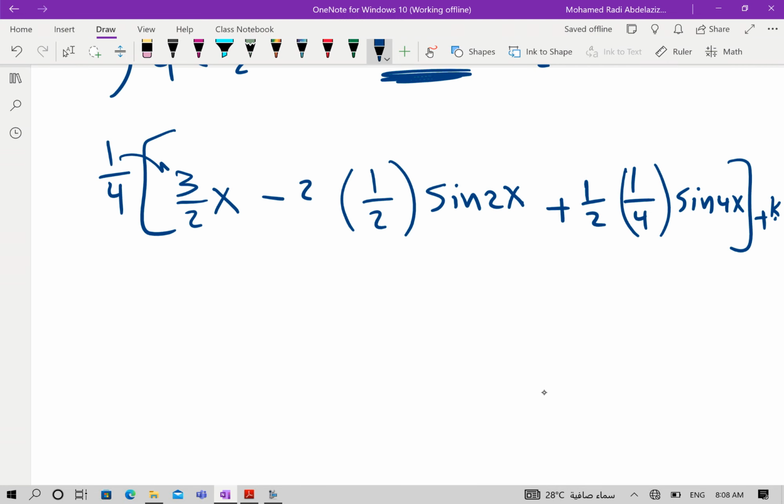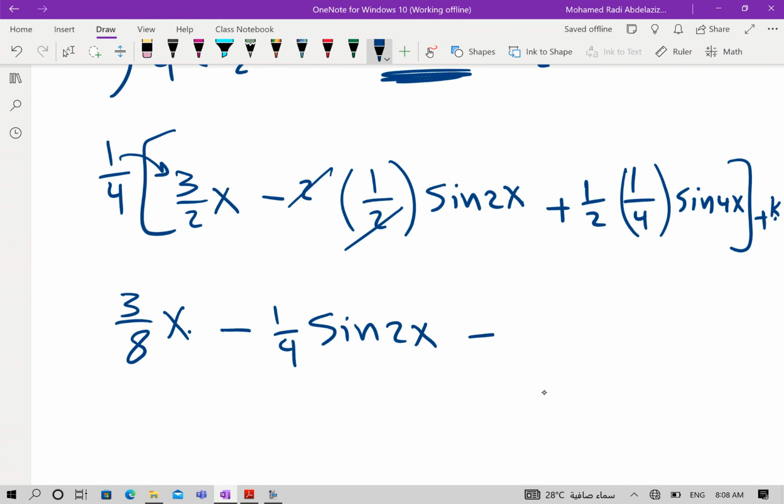Simplify. Fourth times 3 over 2, 3 over 8x. Then you can simplify 2 times fourth, which is half, sine 2x. Then 1 over 2 times 1 over 4, 1 over 8, will be 1 over 32 sine 4x plus k.